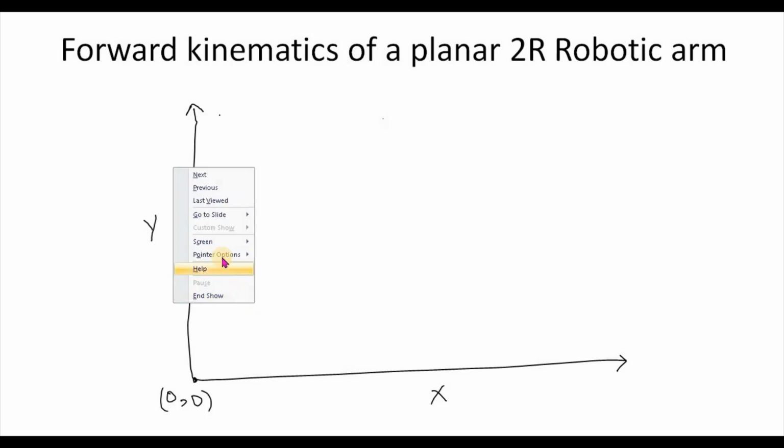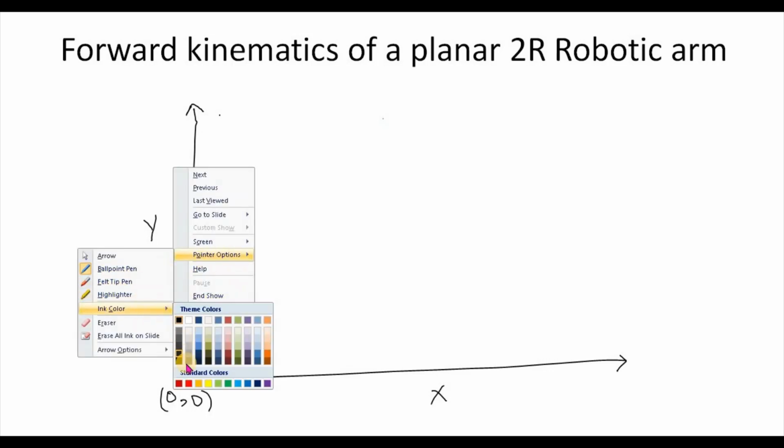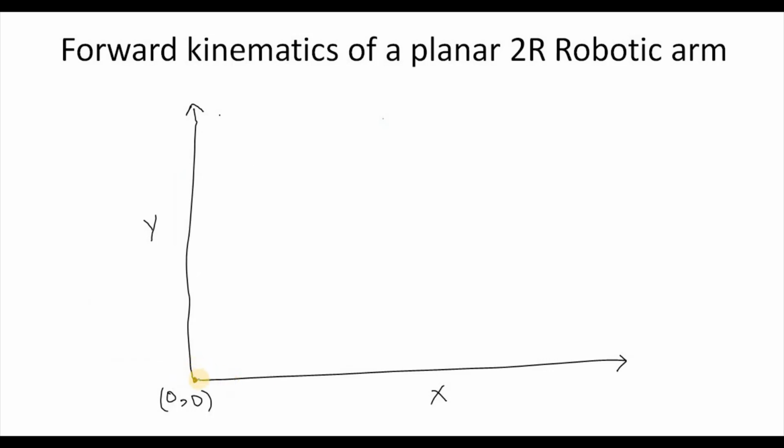Then we have our link 1. Link 1, we can represent it using a different color. Let's make the angle somewhere here, and then here we have a joint, and then we have a link 2, because this is a 2R robotic arm.